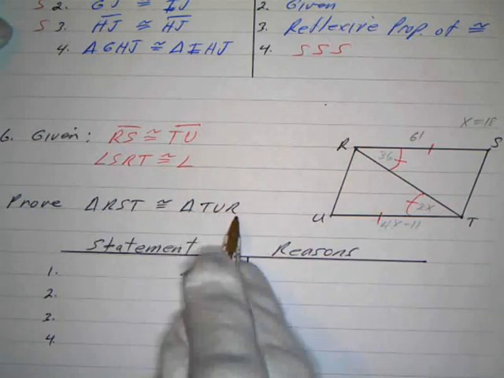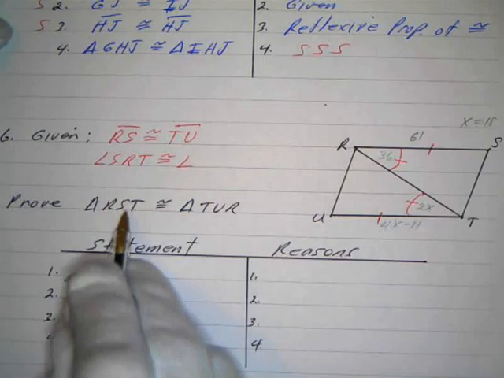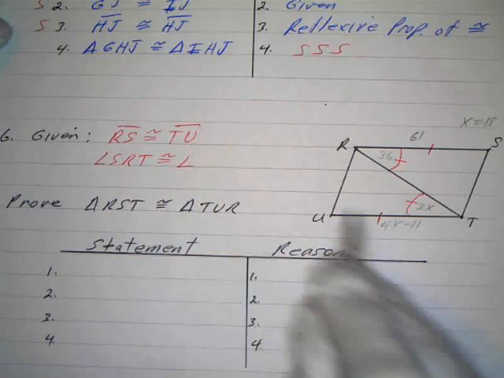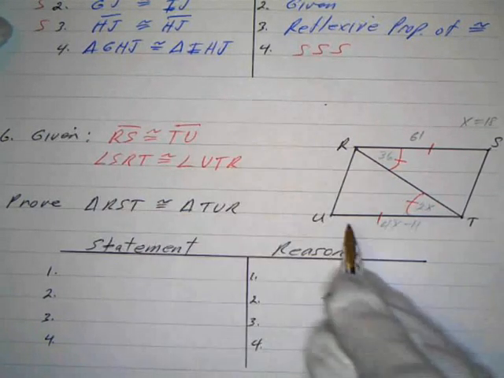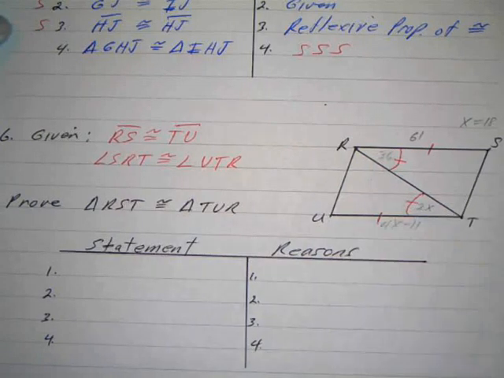SRT, UTR. Notice how the correspondence is the same. So you get used to writing those correspondences the same because that's going to be important a little bit later. So that's what we've got.